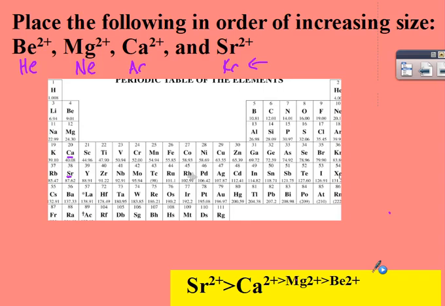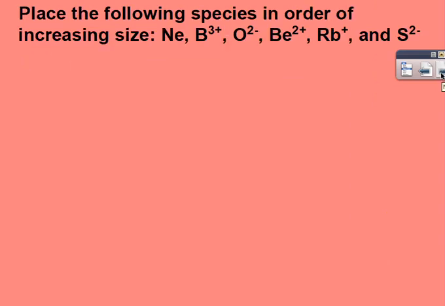Strontium +2 would be the largest, and then calcium, then magnesium, and then beryllium ion would be the smallest. So since it says increasing size, technically they're already in order of increasing size. Go ahead and pause the video, figure out what these ions are isoelectronic with, and then rank them in order of increasing size. Restart when you have an answer.